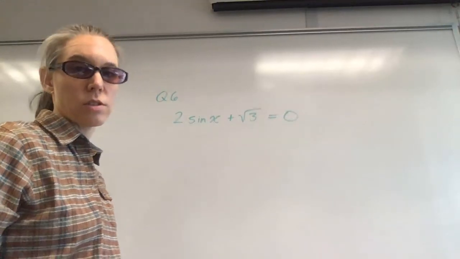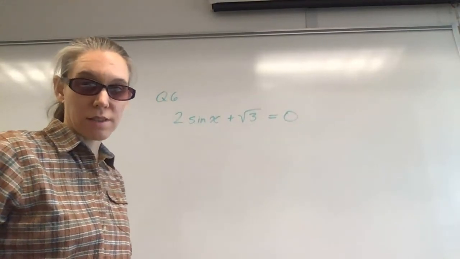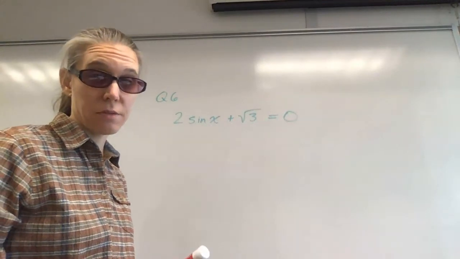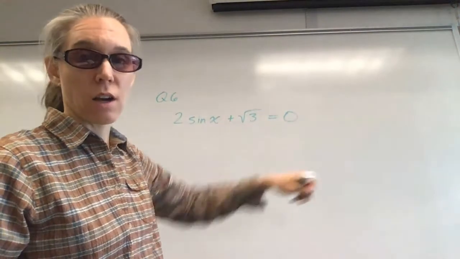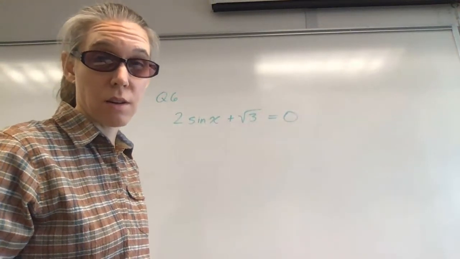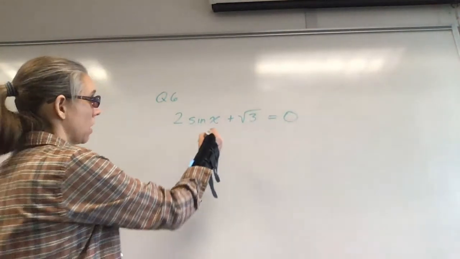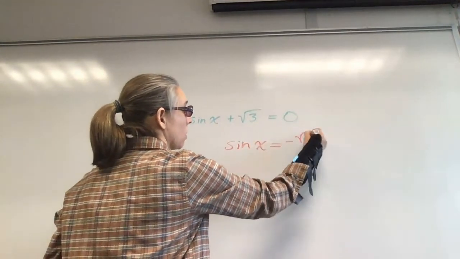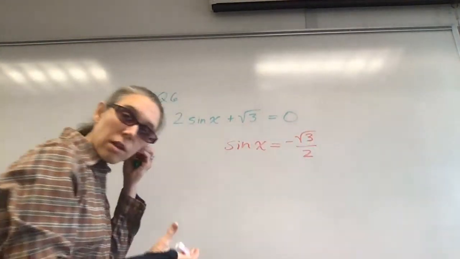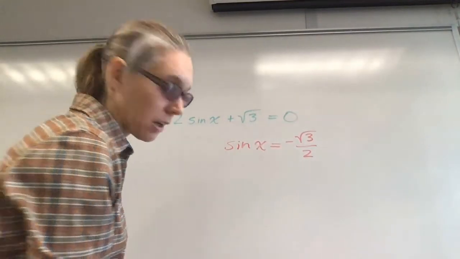Okay, so here's question 6. What you first want to do is get the trig function all by itself, just as though you were solving for x. So if we subtract root 3 from both sides and then divide both sides by 2, we end up with the sine of x equal to negative root 3 over 2. And that's why the problem is asking for exact values.